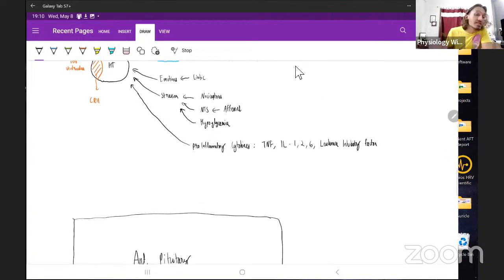Corticotropin releasing hormone, if you remember the previous lecture I told you, is a type of peptide.